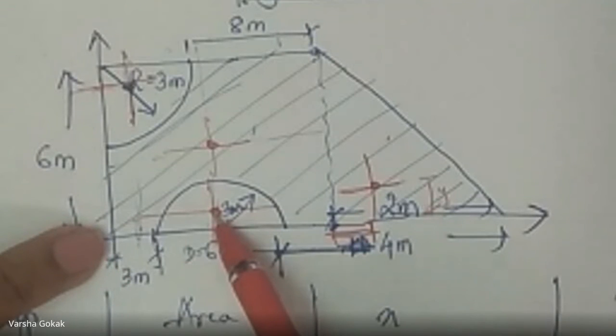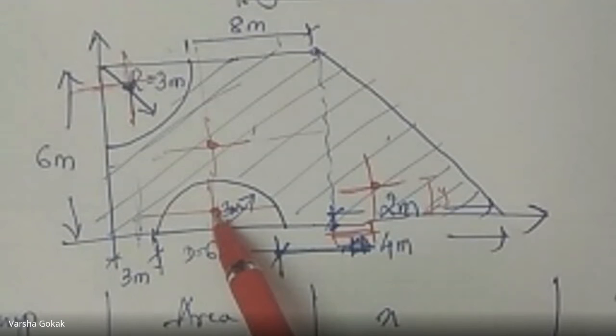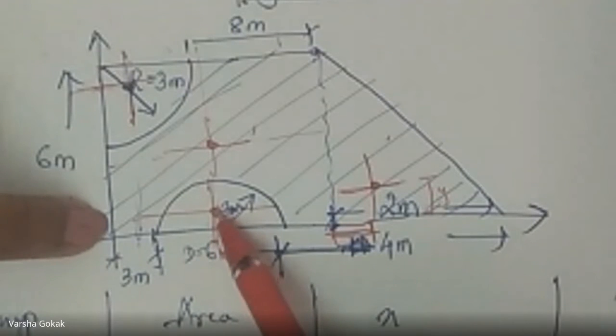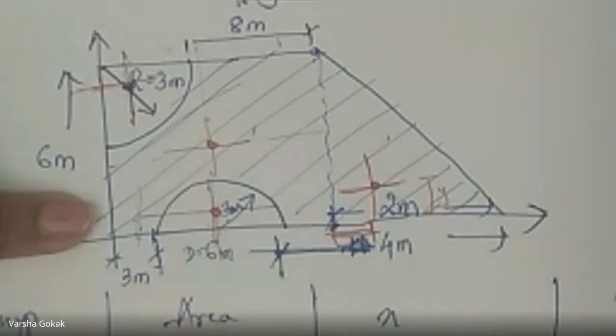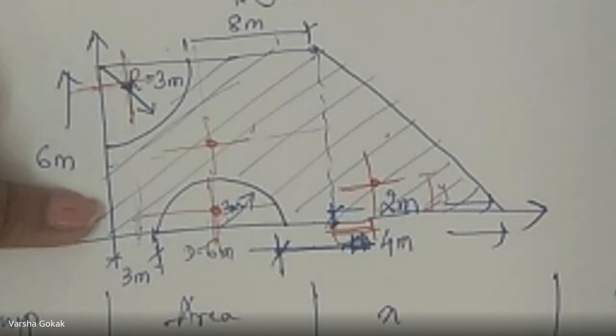From here to the same point, the CG point. What is the distance? That is x. How much? Quickly, from here to here, what is the distance? 11 minus 8.